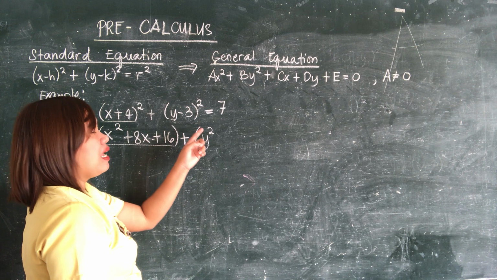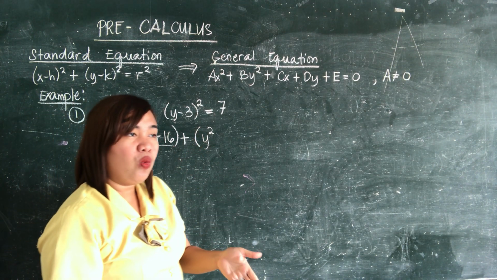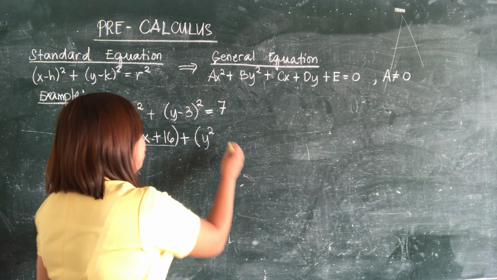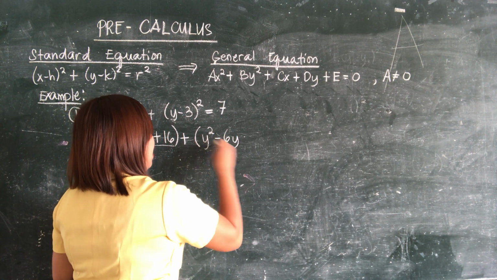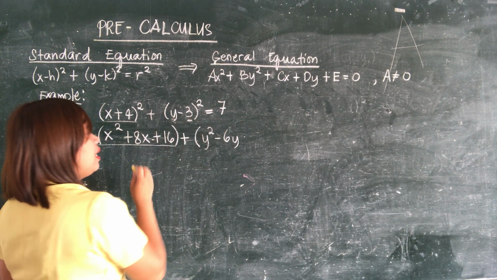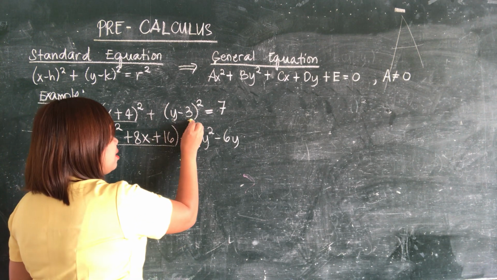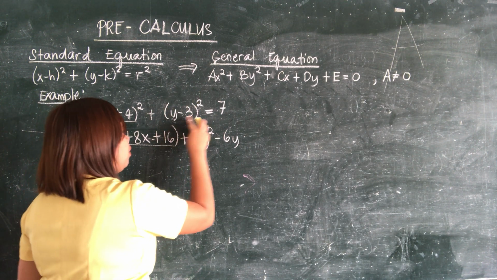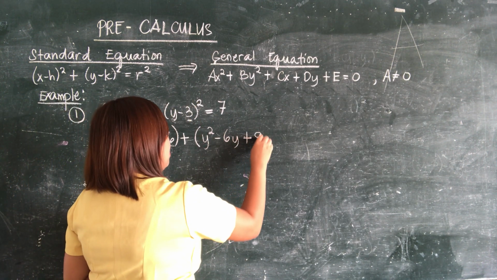So y times negative 3 is negative 3y times 2. So negative 3y times 2 is negative 6y. And the last process is you're going to square the last term here. So negative 3 squared is negative 3 times negative 3. That will give you positive 9.